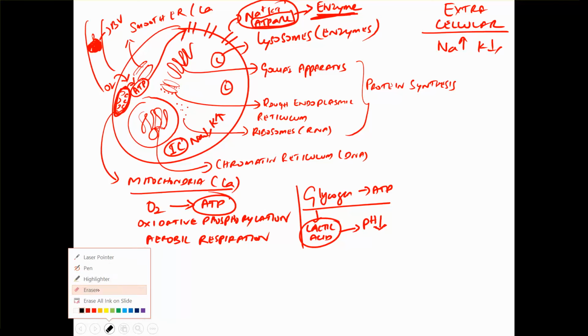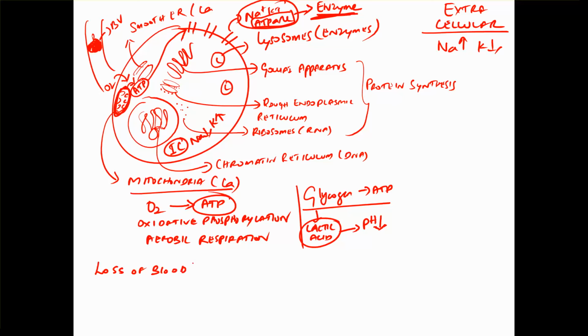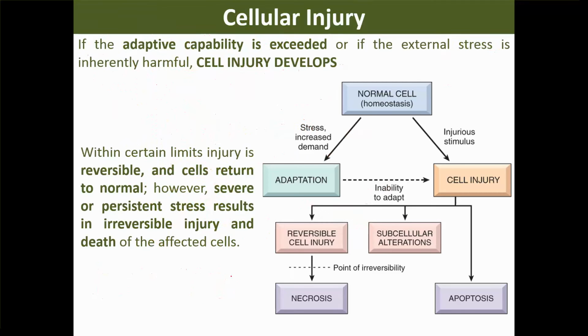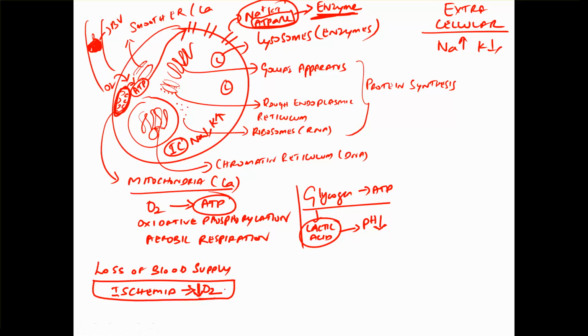This loss of blood supply is called ischemia. Ischemia will cause oxygen to decrease, and this oxygen decrease is called hypoxia.